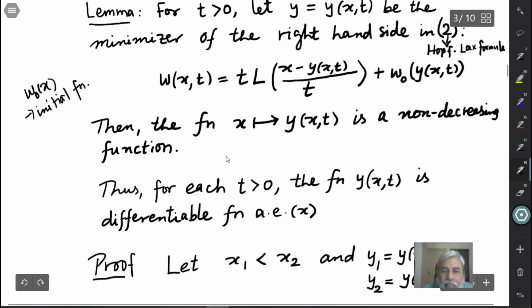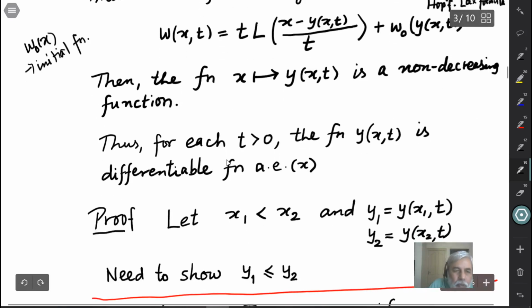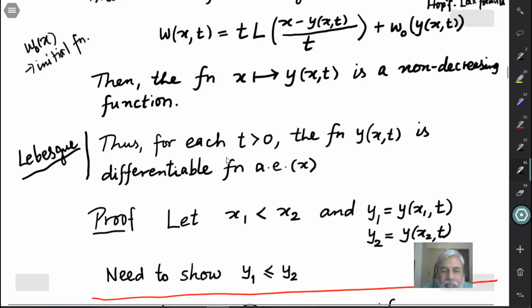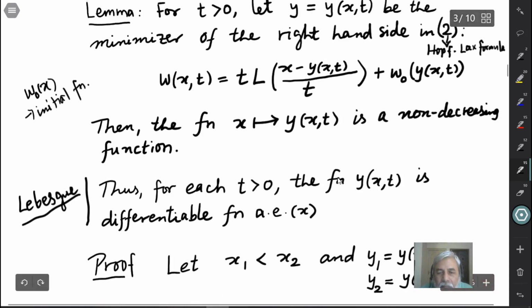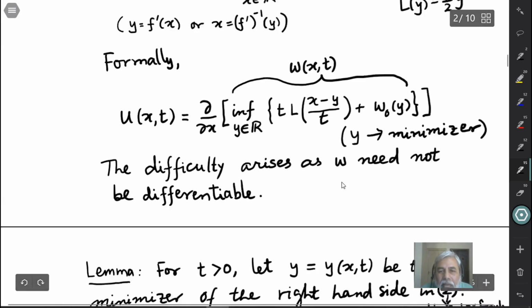And this allows us to use a theorem of Lebesgue. So I will again state them in detail below. So this is Lebesgue's theorem, one of the important theorems in the theory of measure and integration: any monotonic function is differentiable almost everywhere.